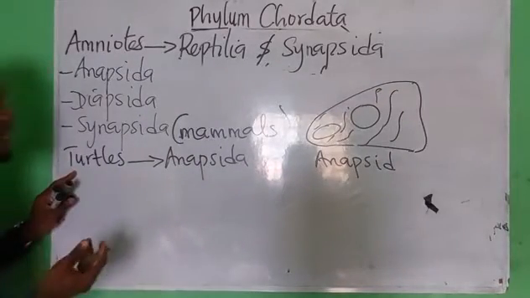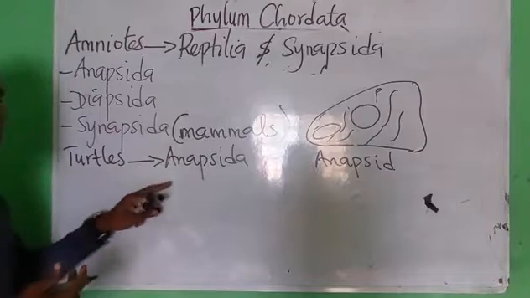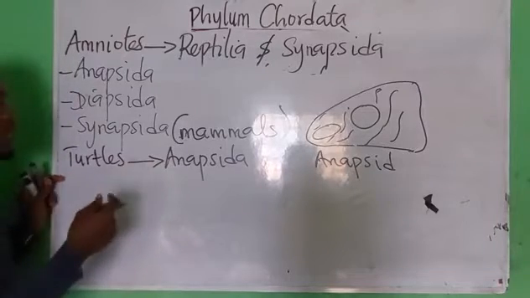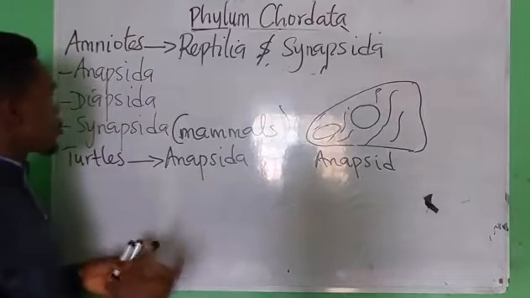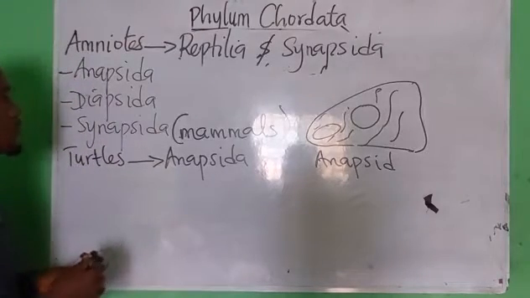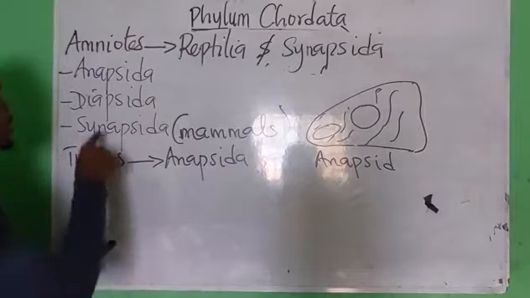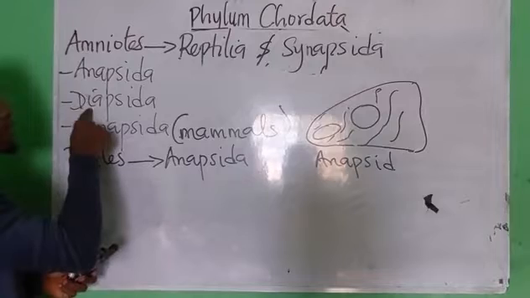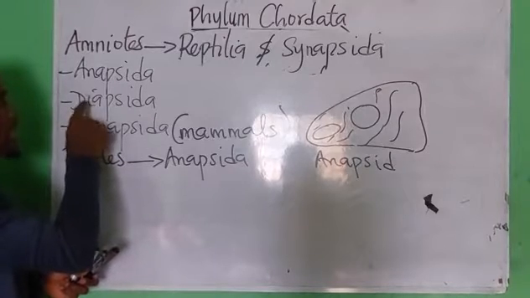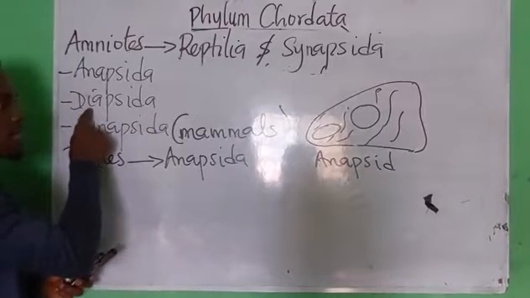But recent findings have proven that turtles are actually very similar to crocodiles, all right. Crocodiles and birds are actually diapsida. They are diapsida. I repeat, they are diapsida.